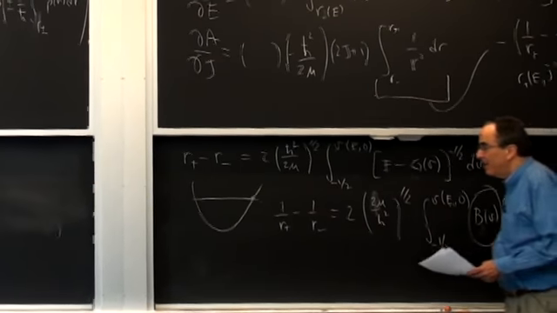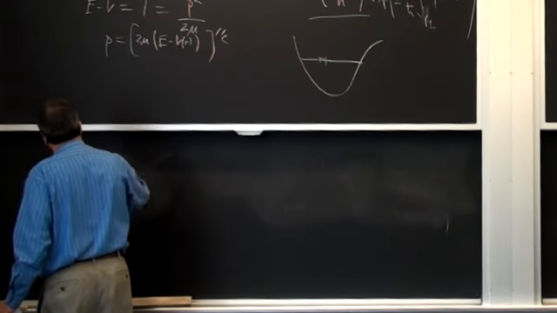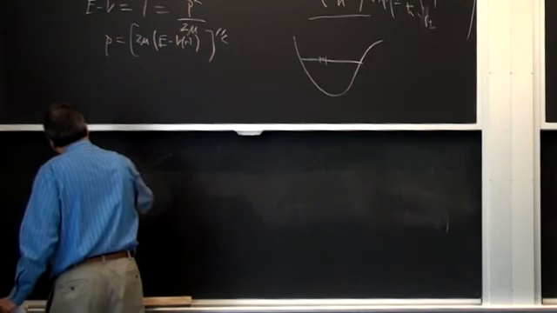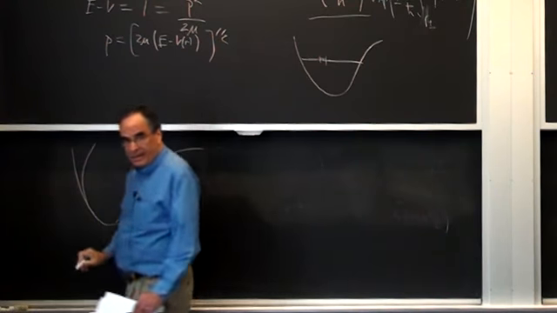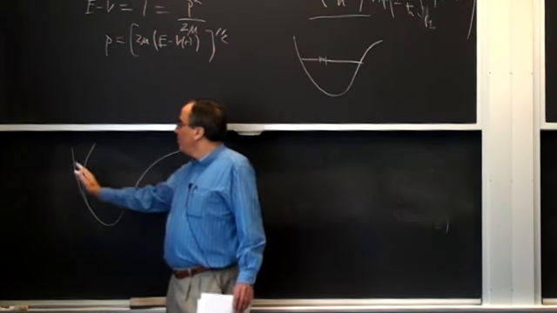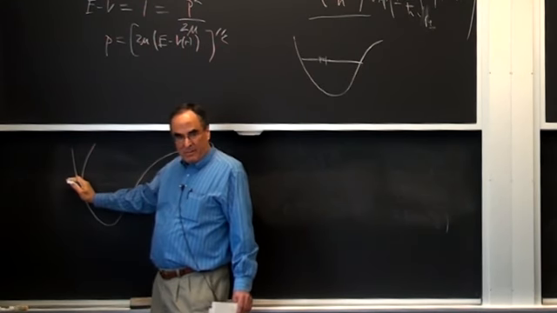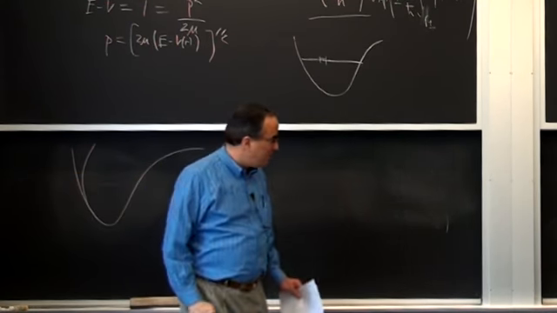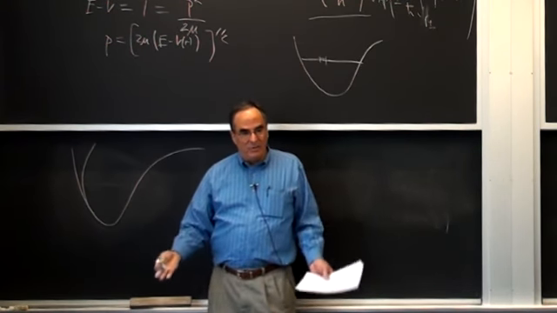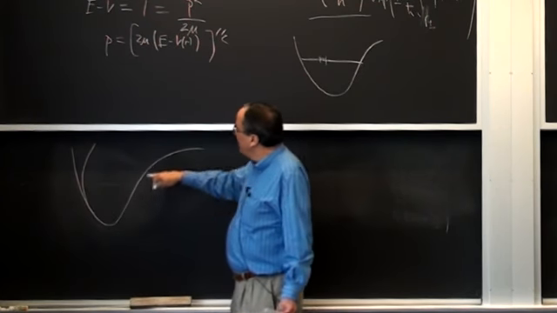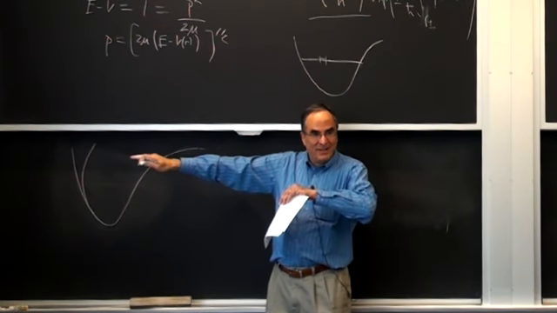But there is one thing that happens very commonly when you do RKR. You generate a potential curve that instead of looking like this, looks like that. The inner wall tends to hook, and this is a common problem, and it comes from blindly using B_v and G(v). Keep in mind that you're determining the outer wall, which is moving very fast.